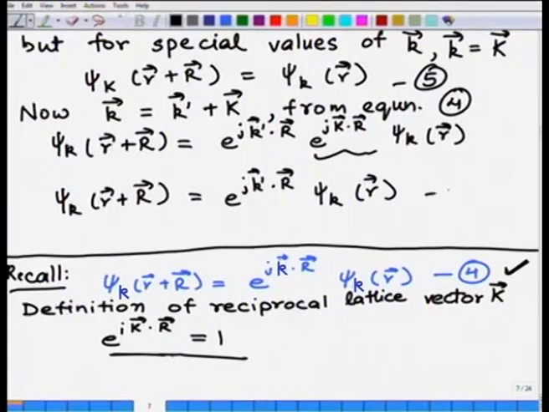Now, let us call this equation 6. Now, can you compare equation number 4 and equation number 6? What do you see? Something interesting, isn't it? Notice that they look the same. If you replace k by k prime, it makes no difference, it remains the same.